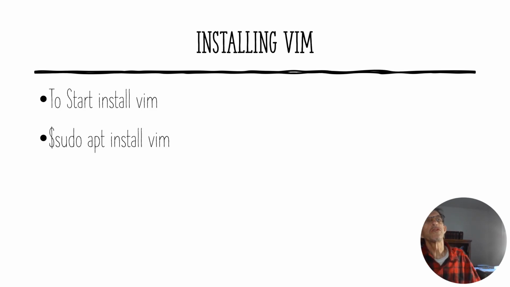So to start, we need to install Vim. Installing Vim is very simple. Just type sudo space apt space install space Vim.